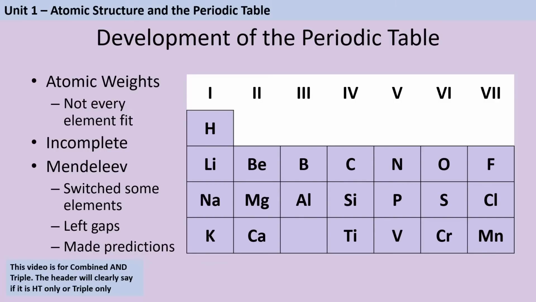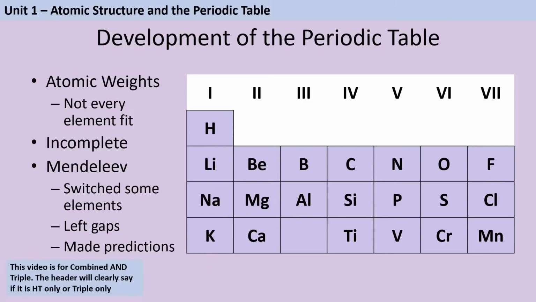But just to give you an example, if you look at your periodic table, you can see that potassium has an atomic weight of 39 and argon has an atomic weight of 40. So if we were going to put them in order of weight, we would put potassium before argon. So we would put potassium, which is a super reactive metal, in with the noble gases, which just doesn't make sense. So that was one thing that he did.